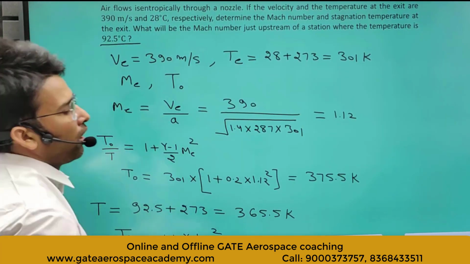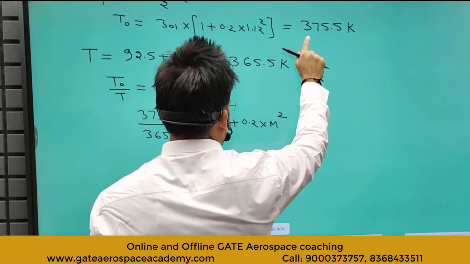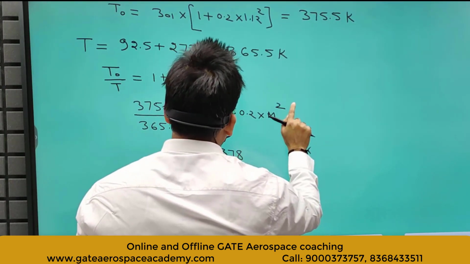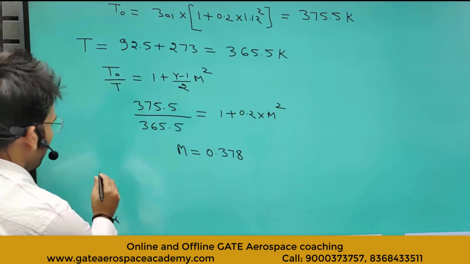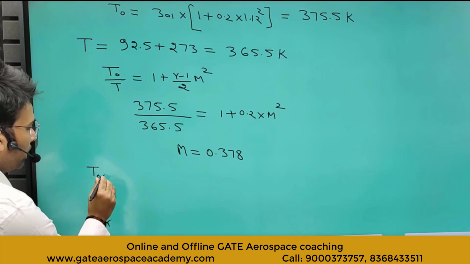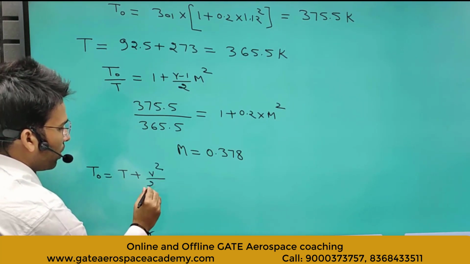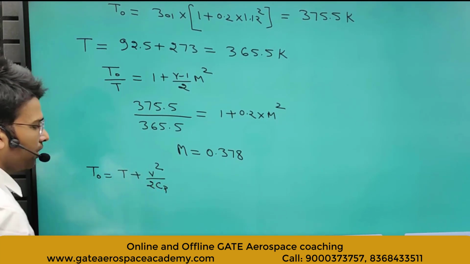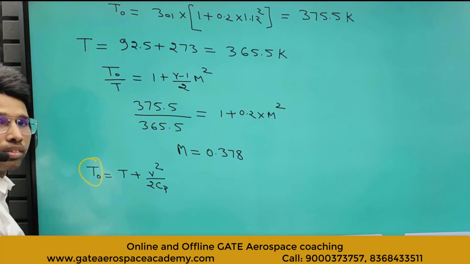This can be found in another way. We have the T naught value, 375.5 Kelvin, right? We can apply the energy equation. T naught is equal to T plus V square by 2 Cp, right? We know this, correct?